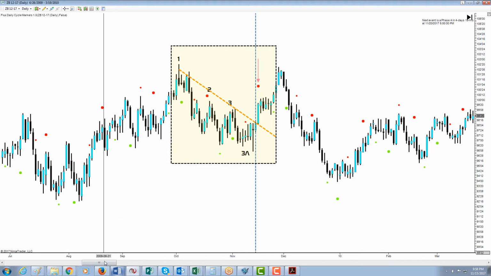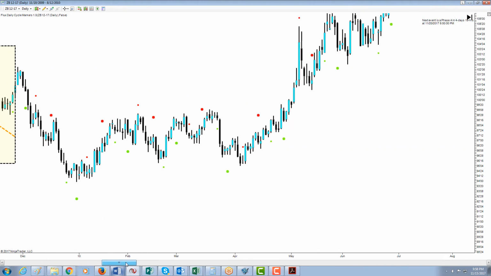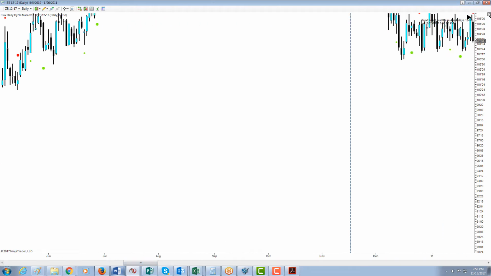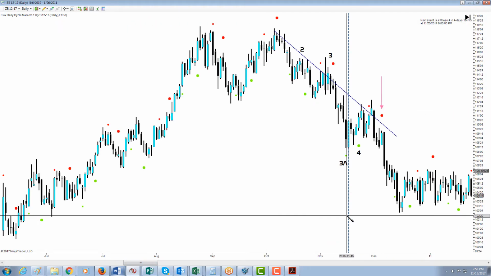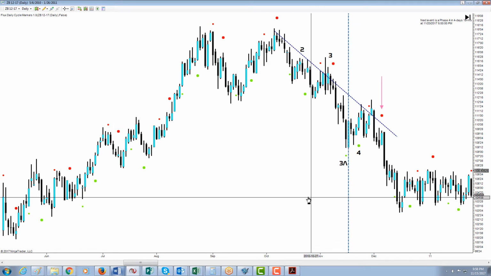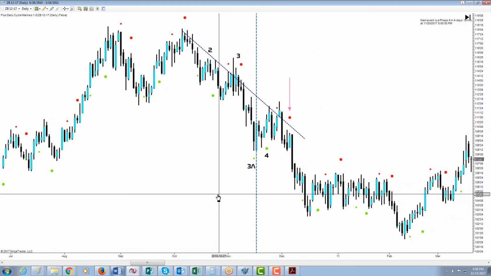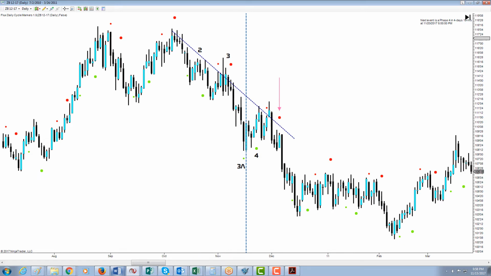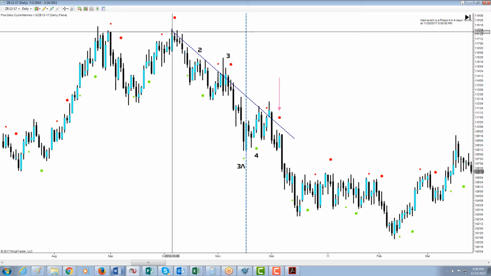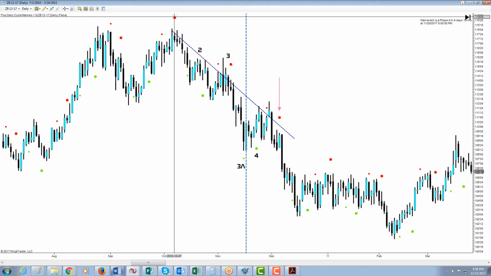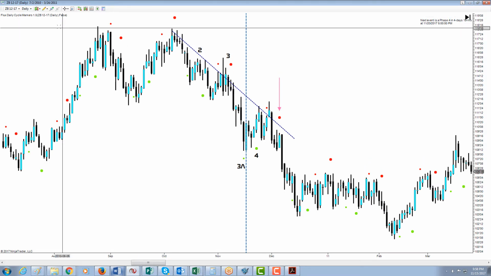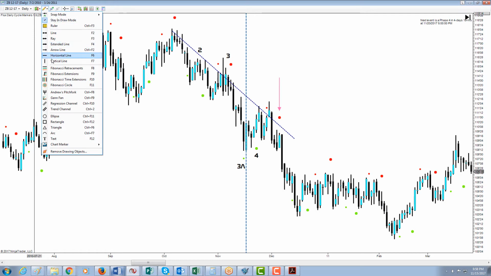Let's continue forward in time. And here we are in 2010. Now, 2010 had a slightly different pattern. There wasn't a green dot at this point in October. There was a red dot, a phase 4. But we still have the stereotypical what?